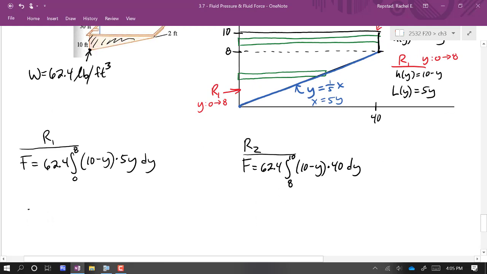Both of these integrals I think are fairly simple to compute. I'll start with the region 1 integral first. I'm going to take out the 5, and then distribute this factor of y.